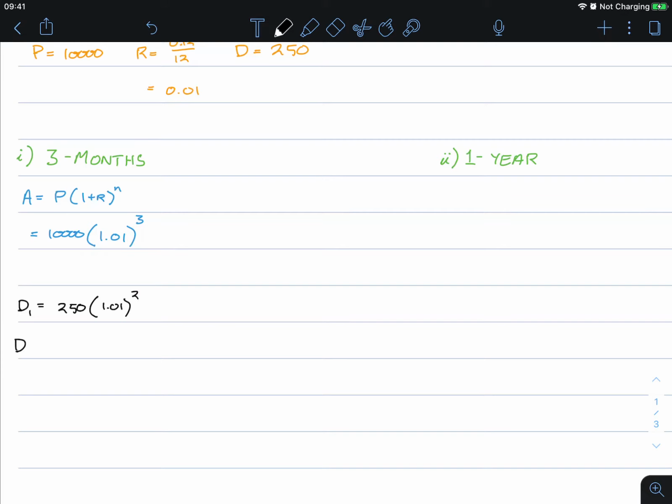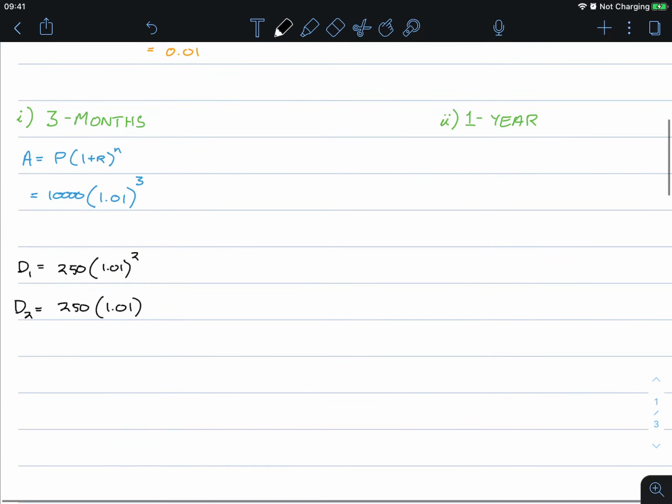The second deduction is $250 times 1.01. That will receive 1 month of interest. And the last payment, well, they make the payment on the month it's charged, so this receives no extra interest.